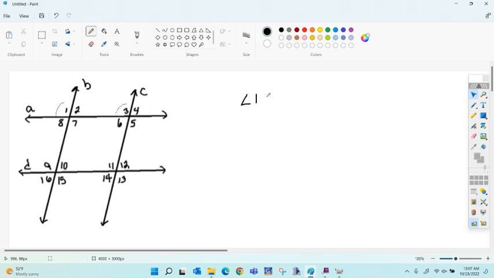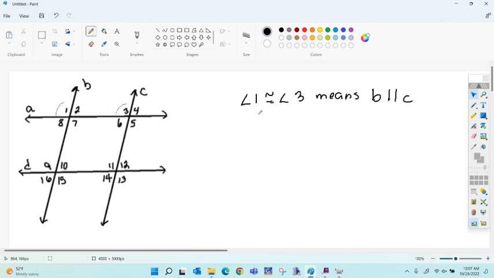Our choices are A, B, C, and D. If 1 is congruent to 3, B and C are going to be parallel lines. B is parallel to C, because 1 and 3 are both related to this as being the transversal. So it's transversing between B and C.